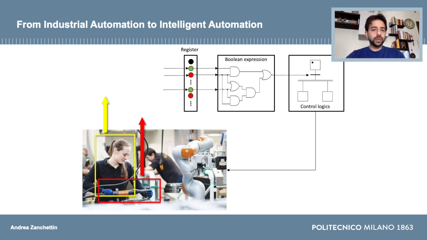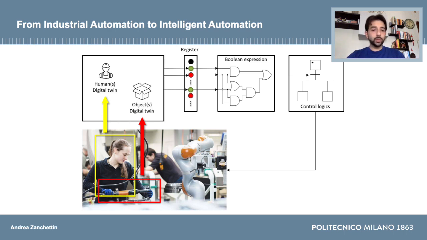With some kind of vision system, we can take a picture of the environment and identify where the human is in the picture, where he or she is with respect to the robot, and what the human is doing at this particular time instant. In this picture, you see a human operator using a nut runner.